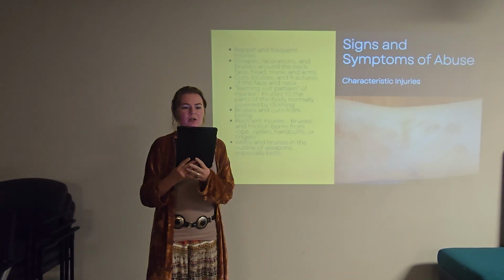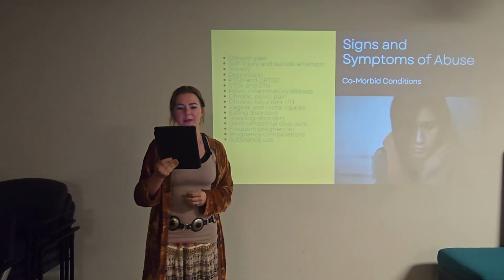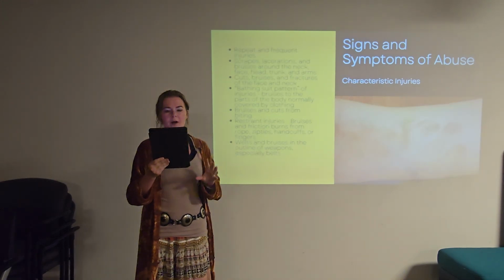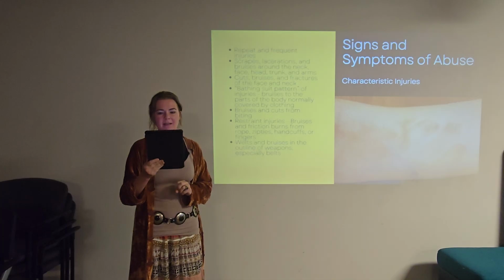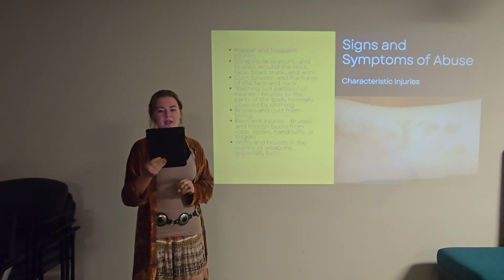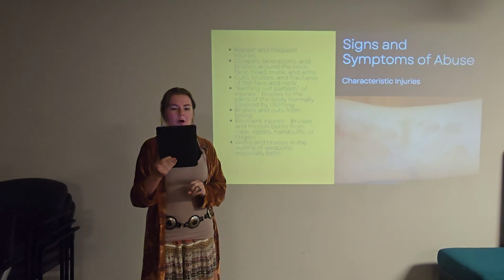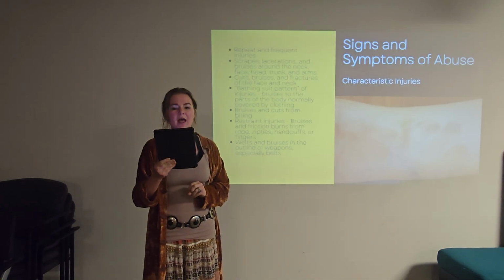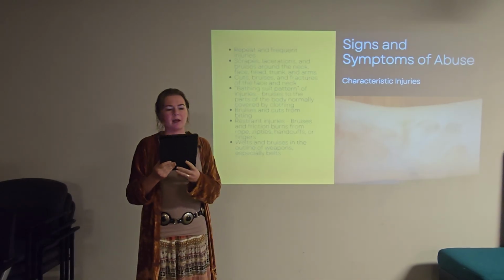Defensive injuries, injuries to the back of the body while being attacked, while being crouched on the ground, protecting the head and face, generally located on the soles of the feet, the back of the head, and the arms, as well as injuries on the palm and lower arms from attempting to block blows and broken fingernails.